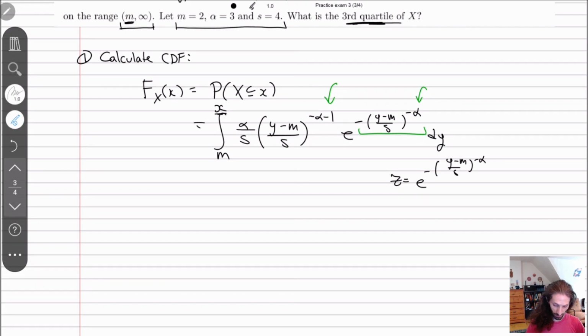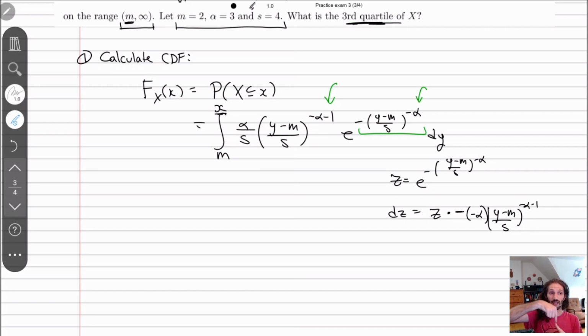Let's take the derivative. First, the derivative of the exponential is always itself, so this is just z. That doesn't change. I'm not going to rewrite it, but you could if you wanted. So we have z times the derivative of the exponent, which is minus times minus alpha, and then I need to subtract 1 from the exponent, minus alpha minus 1.